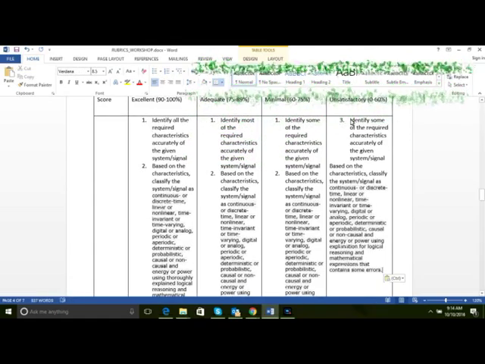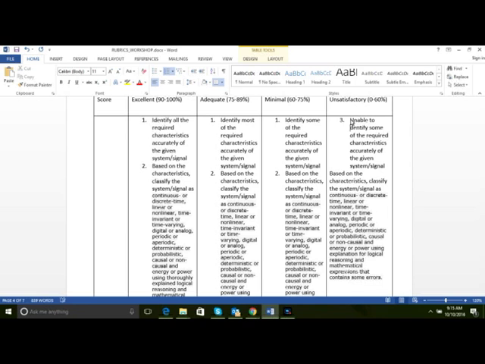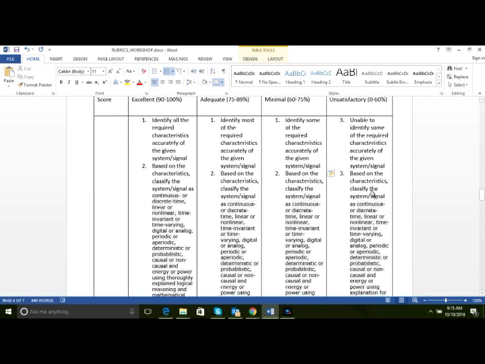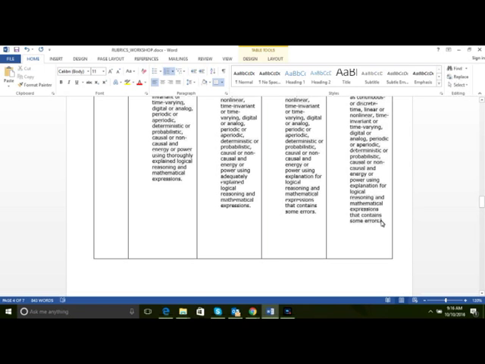Copying this content into the unsatisfactory category, students are unable to identify even some of the required characteristics accurately of the given system or signal. And based on these characteristics, the students are unable to classify the system or signal as per the given types using logical reasoning and mathematical expressions.